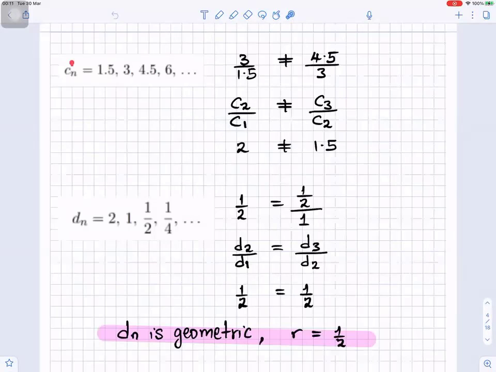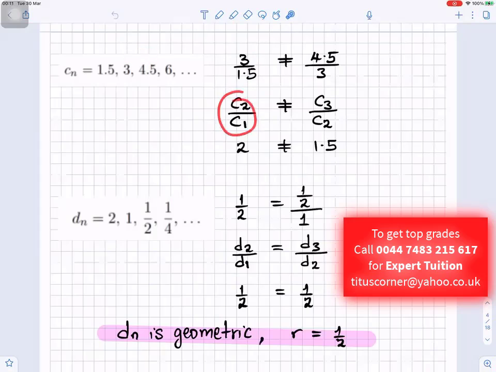We go to CN now. 3 divided by 1.5 is not the same as 4.5 divided by 3. So C2 over C1 is not the same as C3 over C2. 2 is not the same as 1.5.